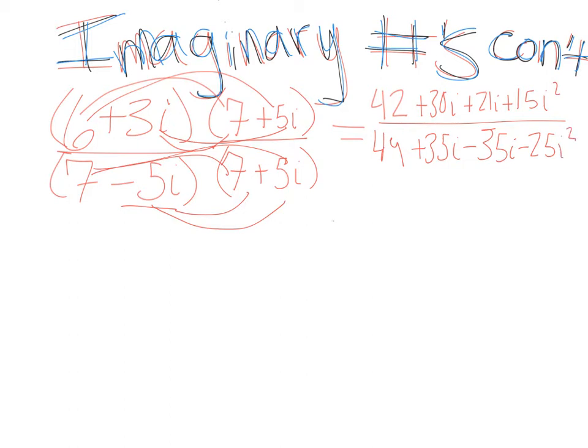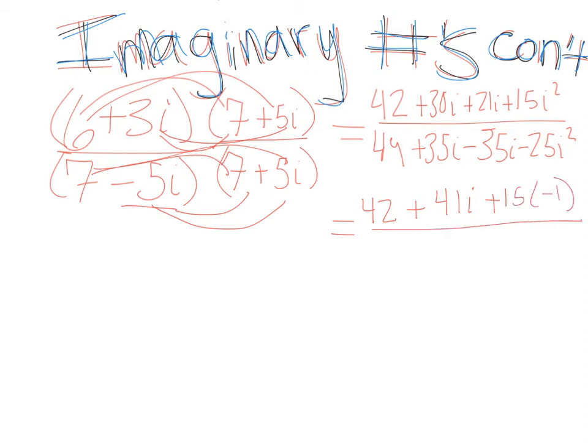Okay, so continuing to simplify this, on the top we can combine like terms. And if you guys will remember from the last page, i squared is the same thing as negative 1. So we're going to rewrite by combining the like terms, so we get 41i. And we're rewriting the i squared as a negative 1.